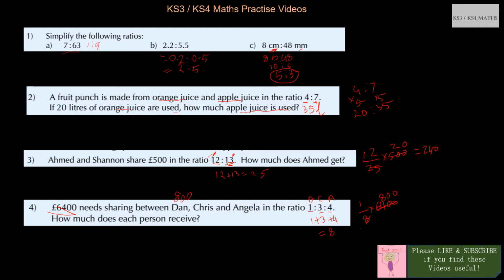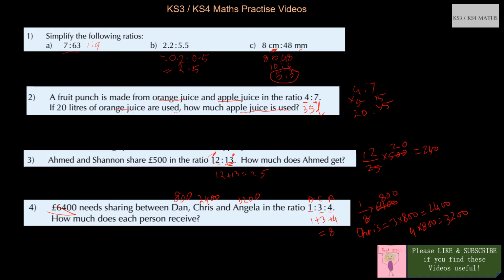Then Chris, he is 3, so 3 times 800, that is 2400. And Angela would get 4 times 800, that is 3200. Okay, so that's what it is.